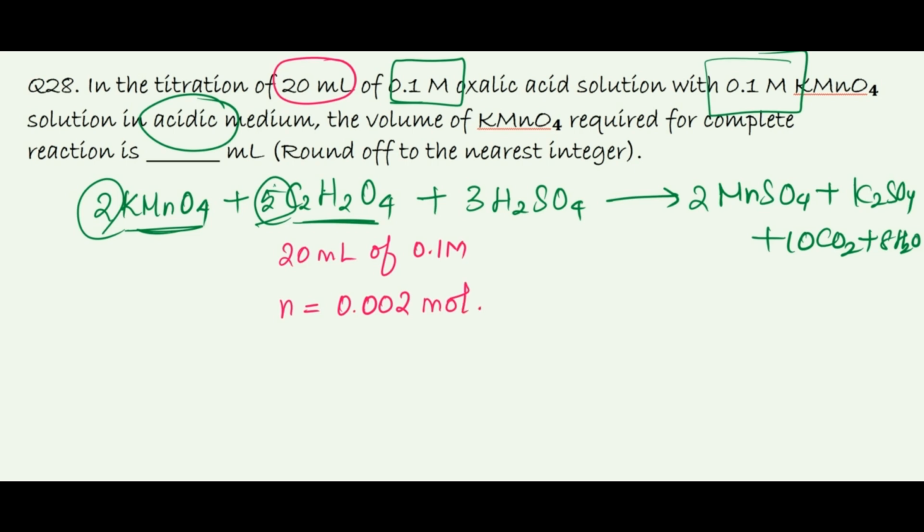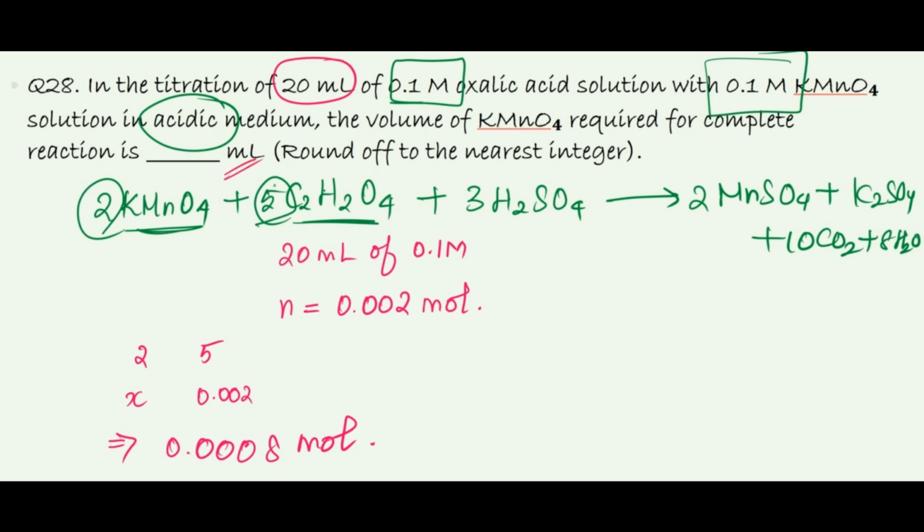In case of KMnO4, it is 2 moles per 5 moles. So how many moles per 0.002 moles? Use the unitary method. So X, this is 0.002, which will give you the answer: 2 into 0.002 divided by 5, which will be 0.0008 moles.